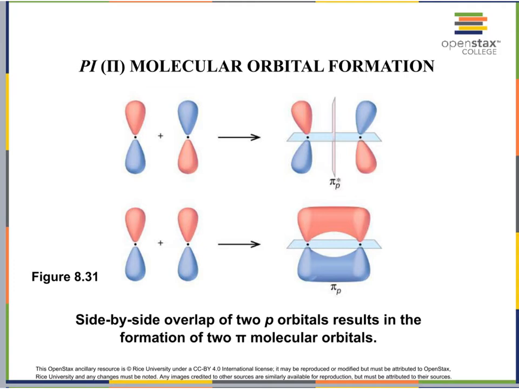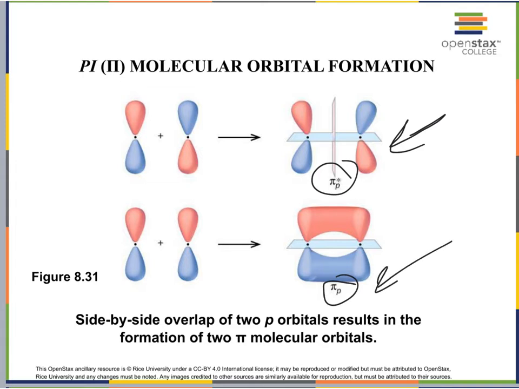Okay, and in this case, we're looking at a different combination. And in this combination, what we have is an antibonding, what we call pi orbital. Right? So now this is pi, when we talk about double bonding.